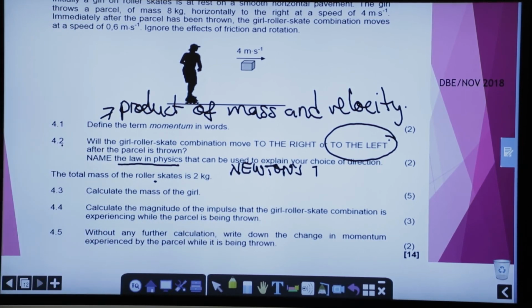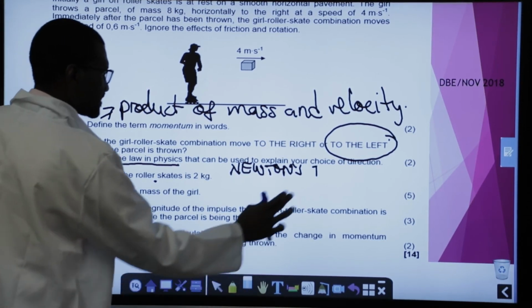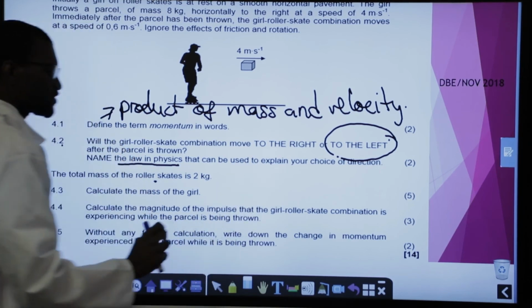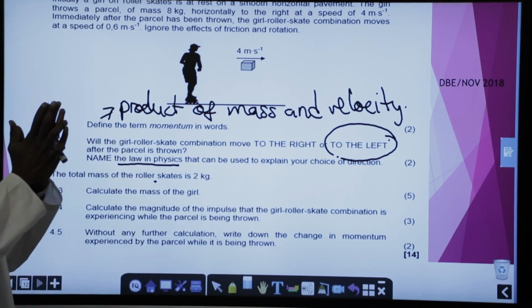Okay? So she pushes off. According to the law of conservation of momentum, again, we can think about it. If she's pushing off, Newton's third law is the one that talks about objects that are in contact.